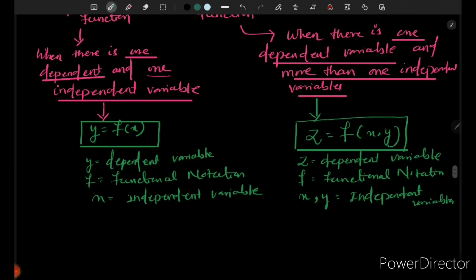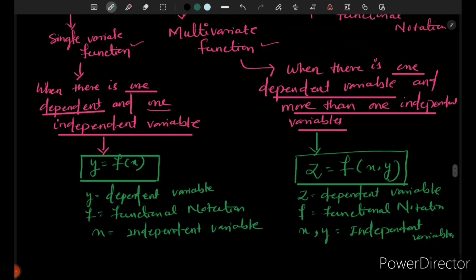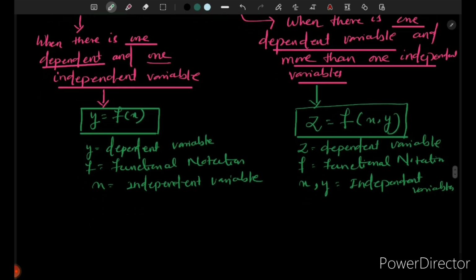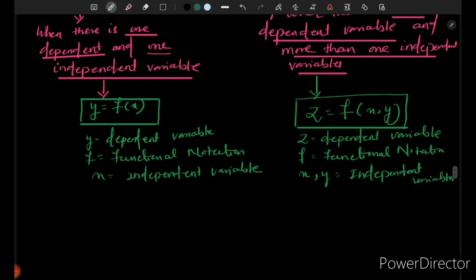So here question arises, when we are talking about univariate function or single variate function or multivariate function, then it actually expresses the dependent variable in terms of independent variables. That means dependent variable is depending on the independent variable.